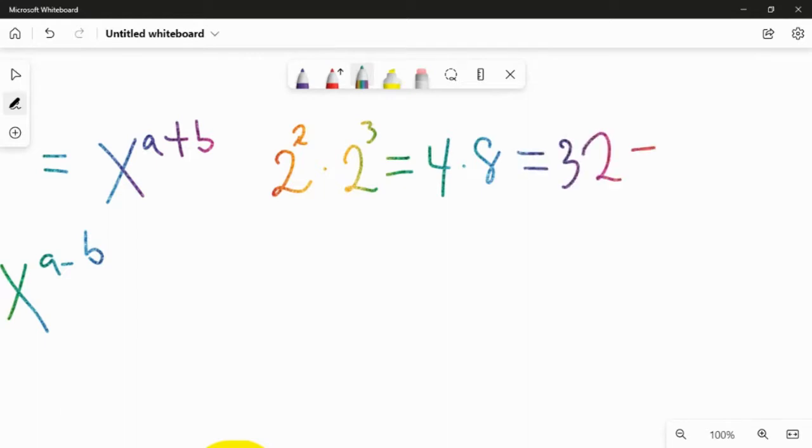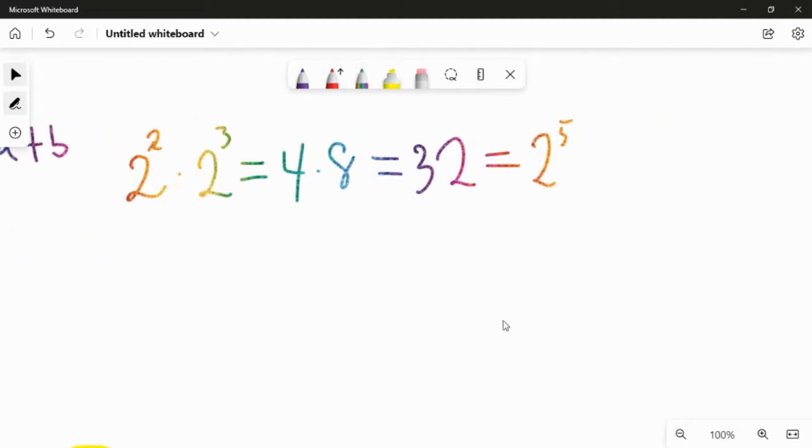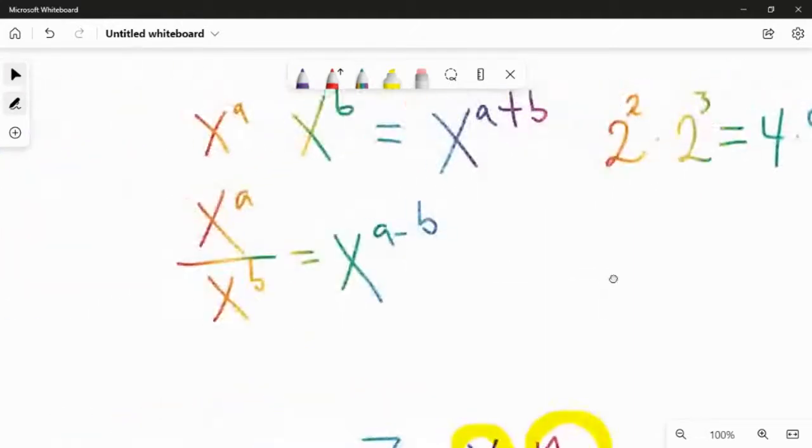But think about it. What is 32? 32 is 2 to the 5th, which is exactly 2 squared plus 2 cubed, the exponents.